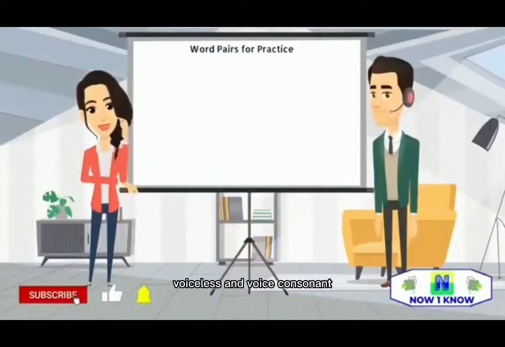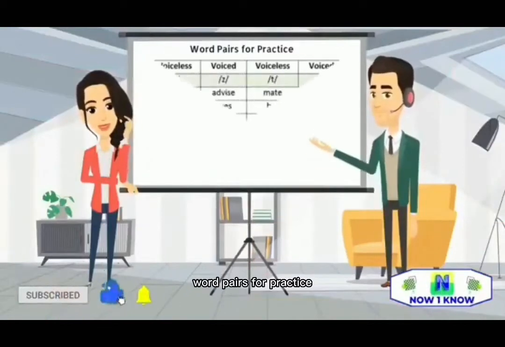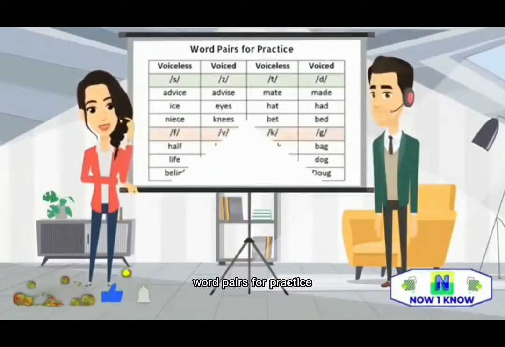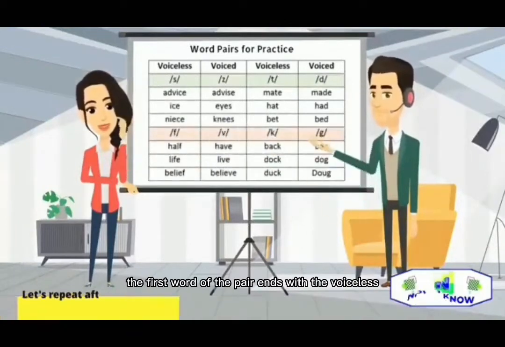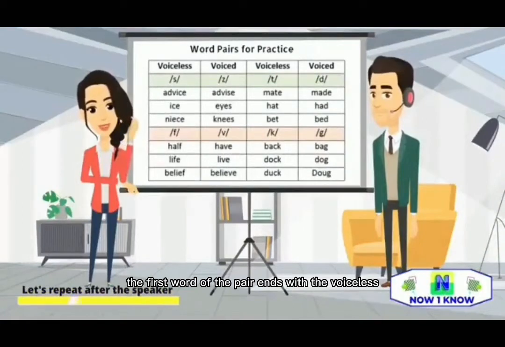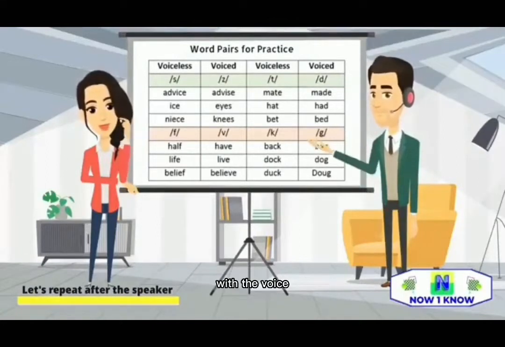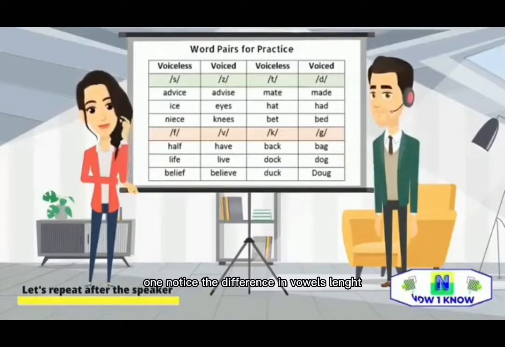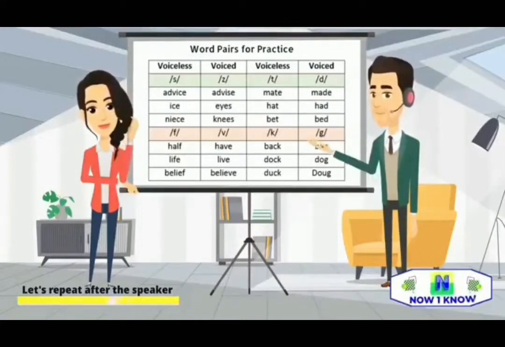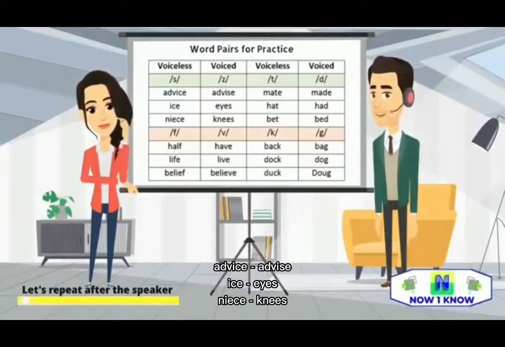Voiceless and voiced consonants. Word pairs for practice. The first word of the pair ends with the voiceless consonant and the second with the voiced one. Notice the difference in vowel length. Advice, advise.